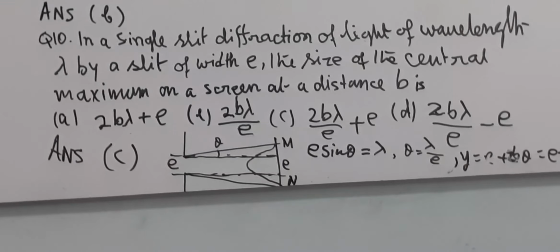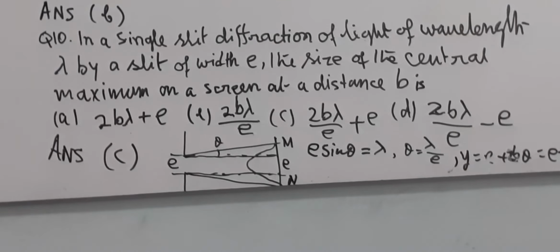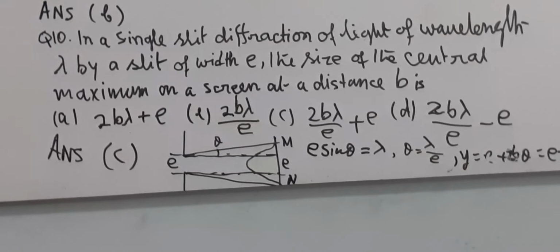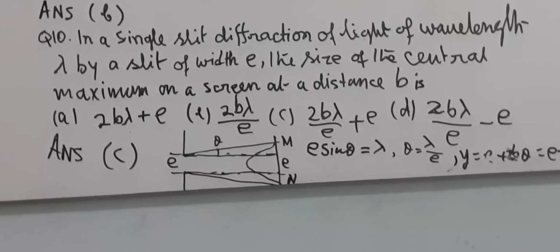Therefore, Y will be E plus twice B lambda by E. Here E is very small, in the order of wavelength, whereas twice B lambda by E, the triangular perpendicular portion shown here in the diagram, in the top portion as well as in the bottom, if you sum up it will give you 2 times B lambda by E, which is much higher than E. Actually E is supposed to be a very small point in the diffraction maxima plot, and the triangular portion will be bigger.